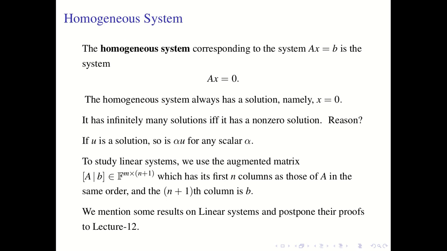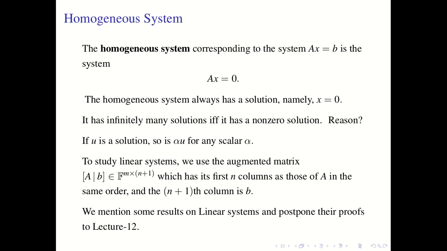Why is it so? If u is a solution, then alpha u is a solution for any scalar alpha. So if u is a non-zero solution, then alpha u is a different non-zero solution for any such alpha. Therefore it has infinitely many solutions.